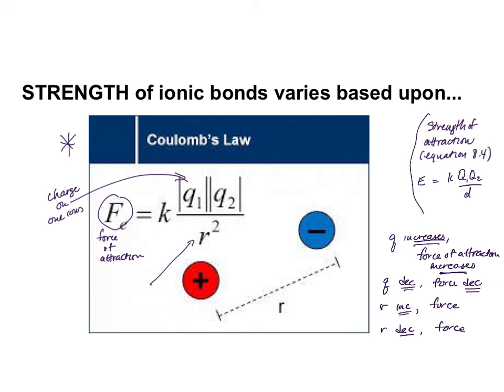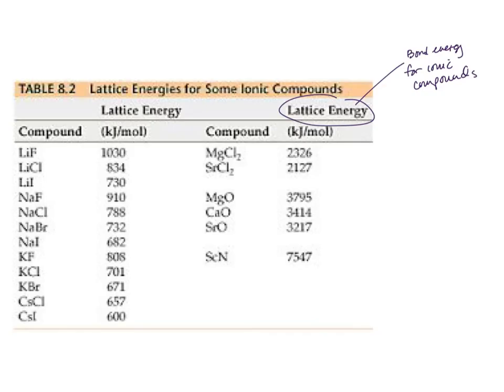If R increases and the particles are farther apart, the force is going to decrease because R squared is in the denominator. And if R decreases and the particles are closer together, the force is going to increase. That's a very important relationship to understand. So make sure that you understand how that works with the equation that we call Coulomb's law.